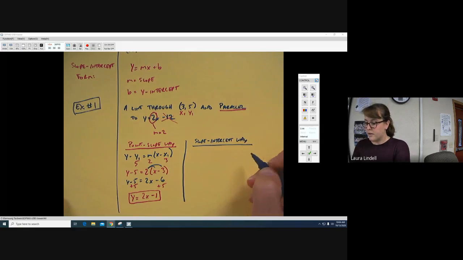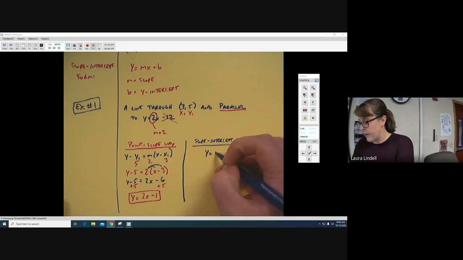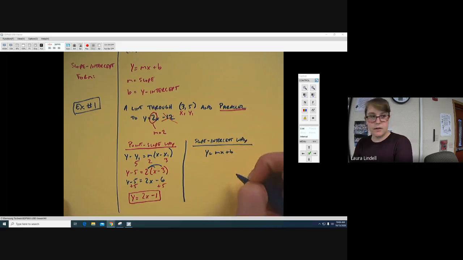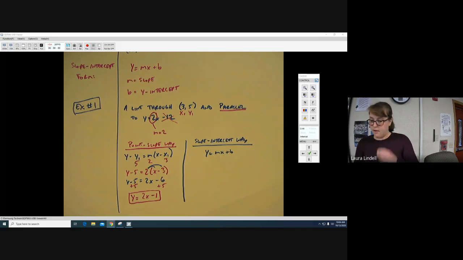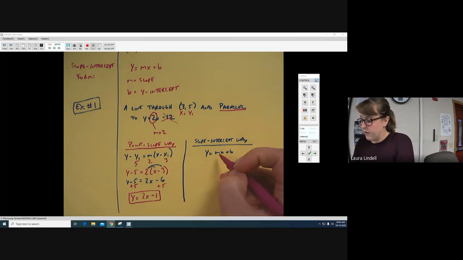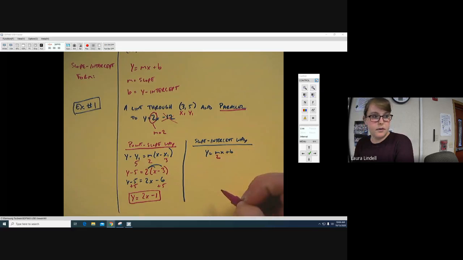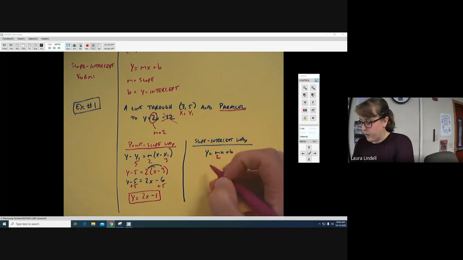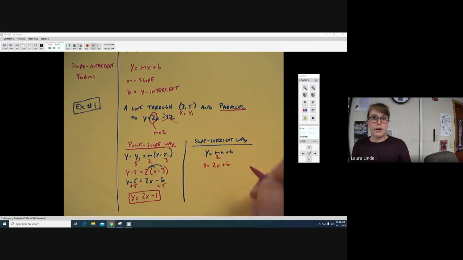Okay, so the slope-intercept way takes y equals mx plus b. And we start by plugging in the slope too. We get y equals 2x plus b. But now I need to figure out what b is going to be.